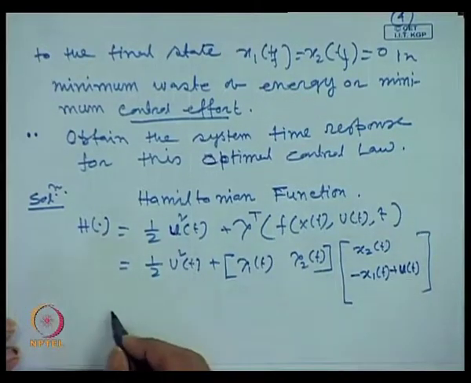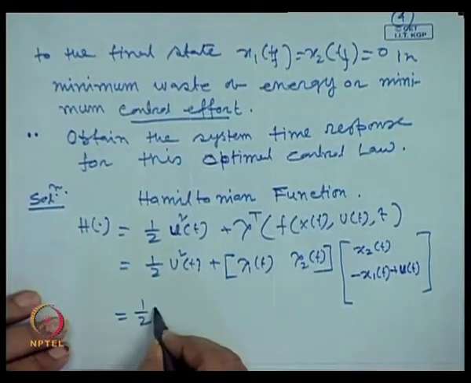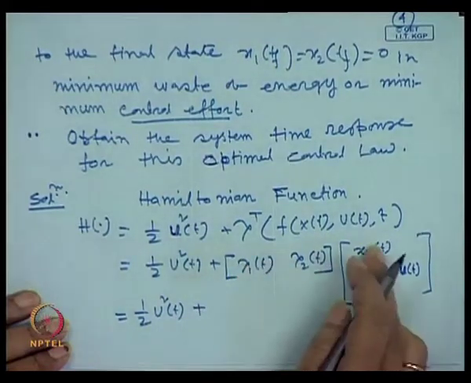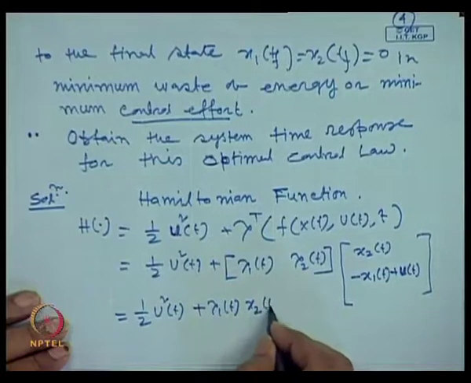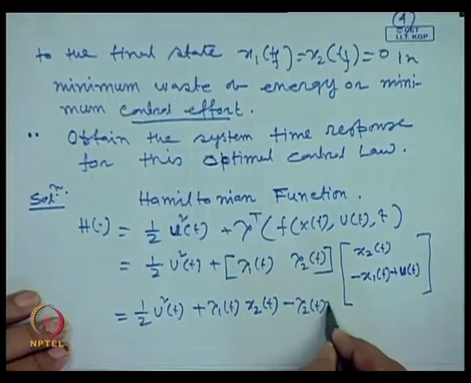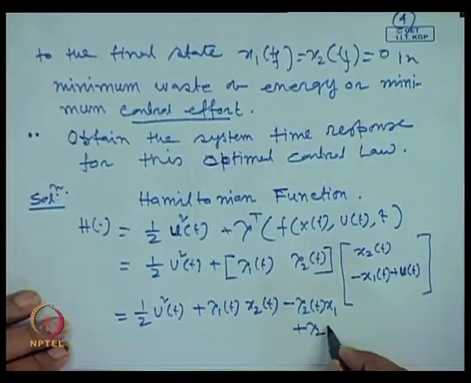Agree? So, if you simplify this, multiplying it out, it is half u squared of t plus lambda 1 into x 2 of t plus lambda 2 into minus x 1, that is minus lambda 2 x 1, plus lambda 2 of t into u of t.